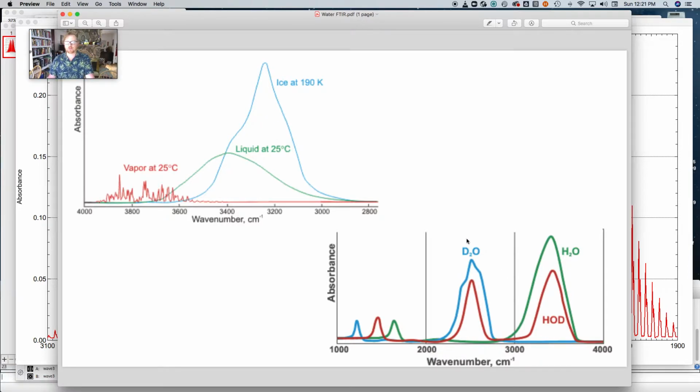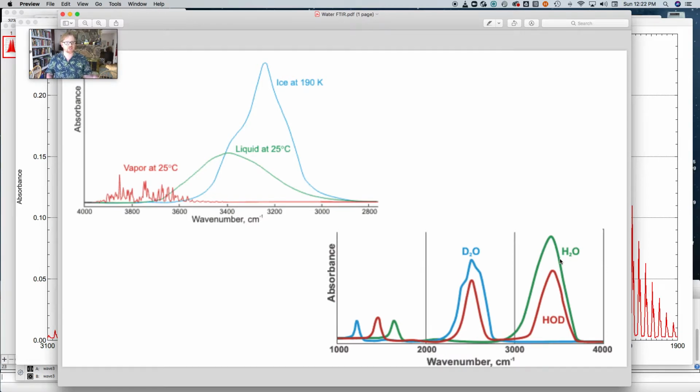The first one that I want to focus on is down here in the right corner because it has only condensed phase, so liquid or solid. And I want you to see the effect of what happens when you change the isotope. All right. So you can see H2O, under this region between 3,000 and 4,000, that would be the combination of our symmetric and asymmetric.